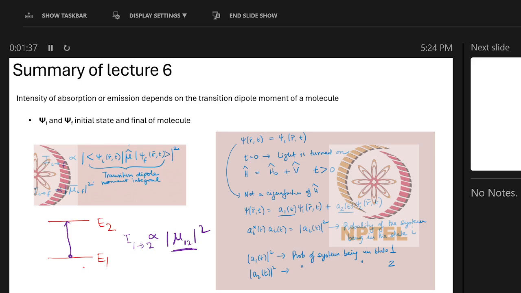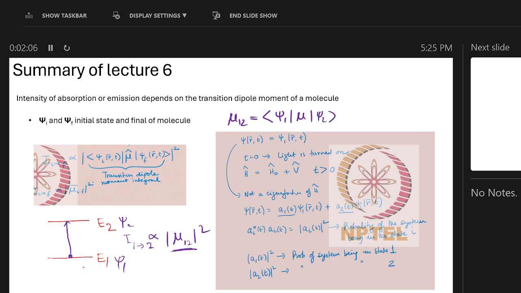We say this is psi 1 and this is psi 2. Psi 1 is a function of r and t, and we need to write the dipole moment and then the second wave function.